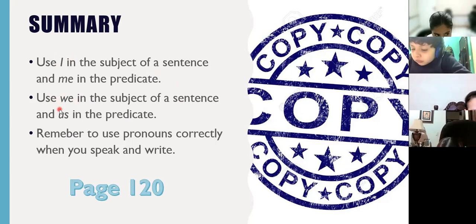Now, the predicate is everything that is after the verb. From the verb to the end of the sentence, we have the predicate. In the predicate, we look for the noun, and we replace the noun with an object pronoun, which can be me or us. It depends on what we're talking about.